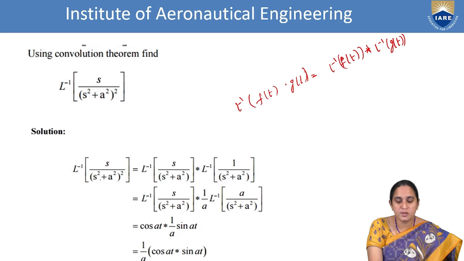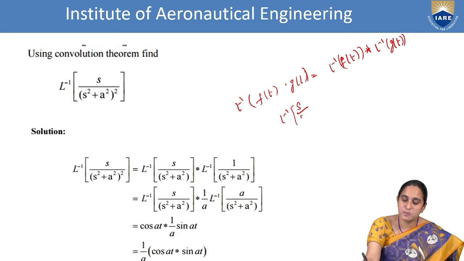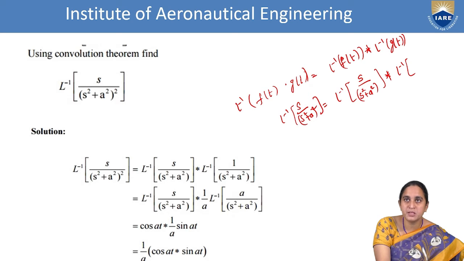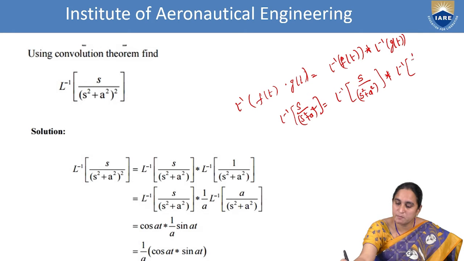The Laplace inverse of s by s square plus a square whole square is equal to the Laplace inverse of s by s square plus a square, star the Laplace inverse of the second part from the equation, 1 by s square plus a square.